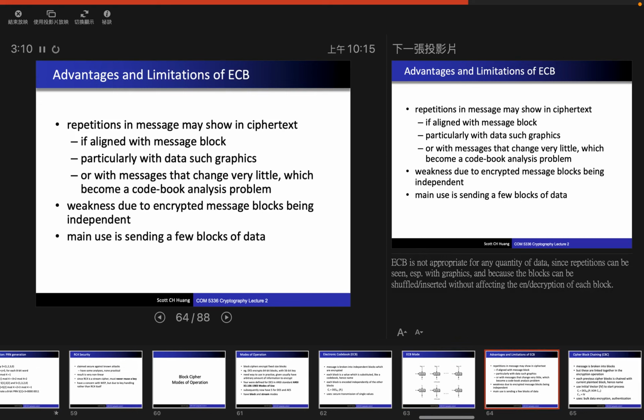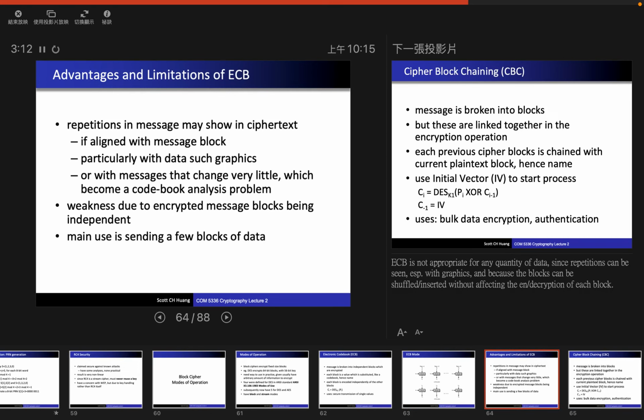Now, very straightforward. Advantage: it's easy. Disadvantage: the weakness. We have some weakness because we reuse the same key. But this is a block cipher, not a stream cipher, so it's not that we cannot use the key over and over again. It's not an absolute rule because block ciphers are designed to be a little more secure.